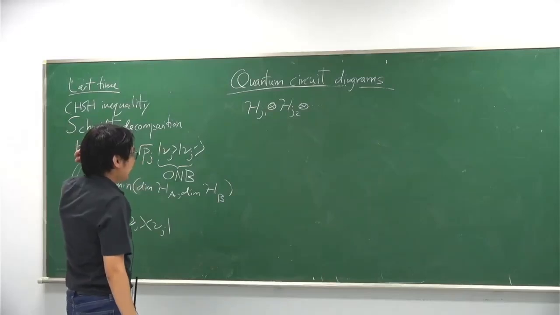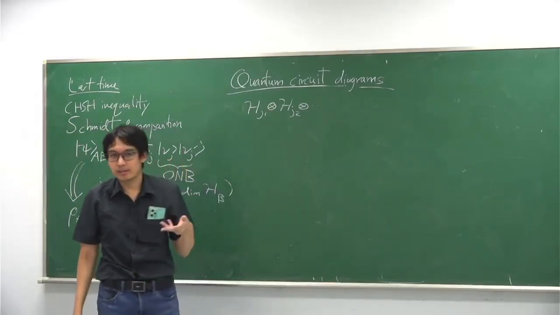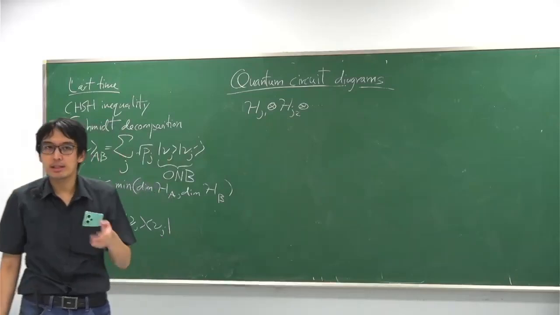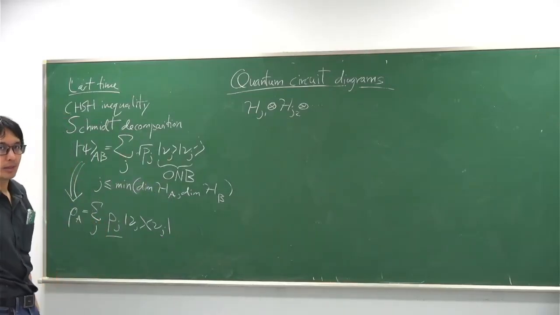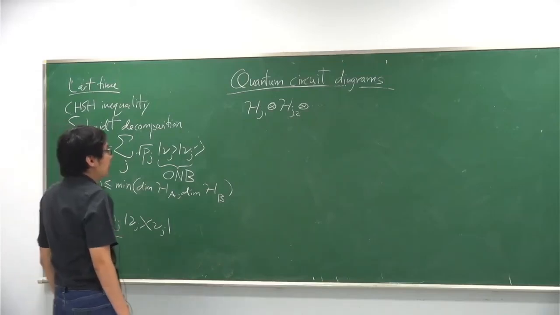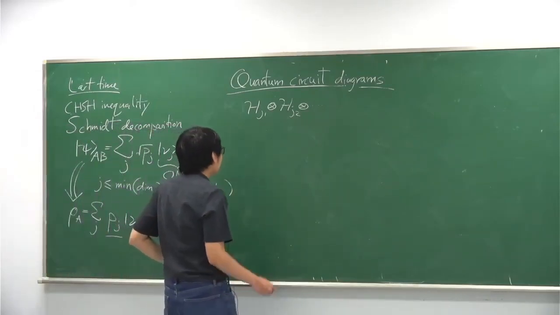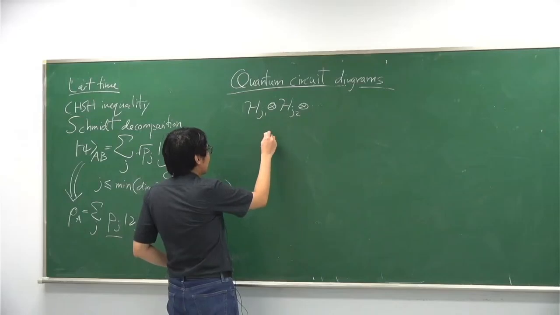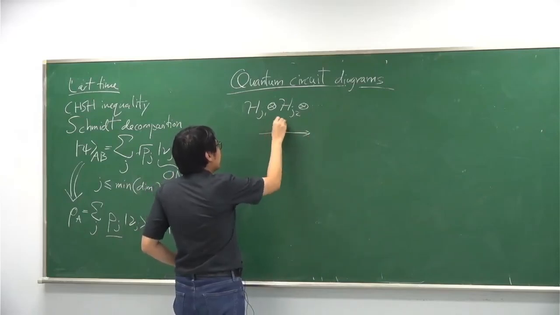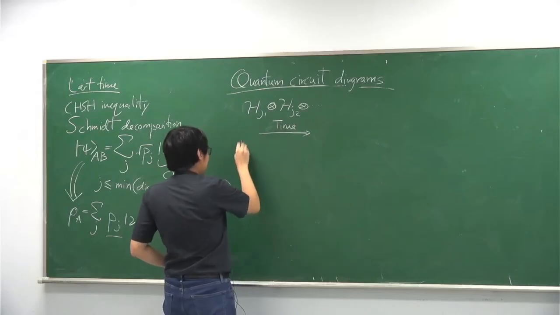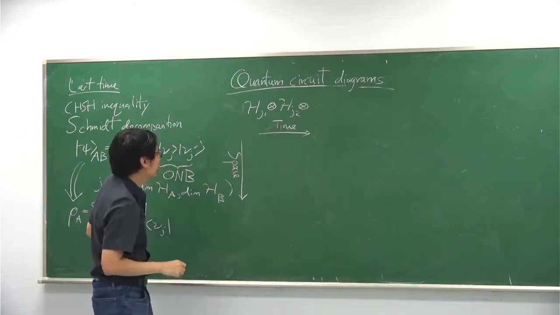And then I can consider states in this Hilbert space, and consider operations applied to them. But to do everything algebraically is sort of a mess. The quantum circuit way is that I represent time and space in orthogonal directions.